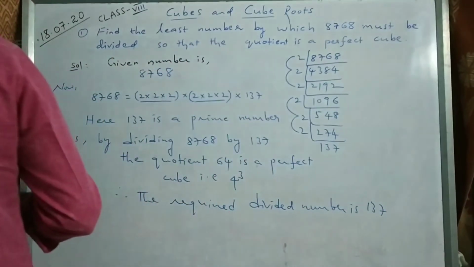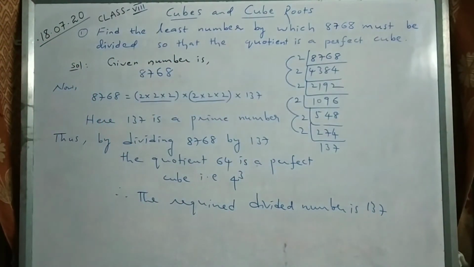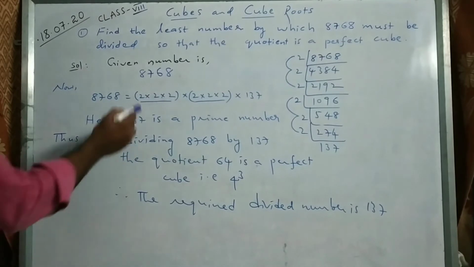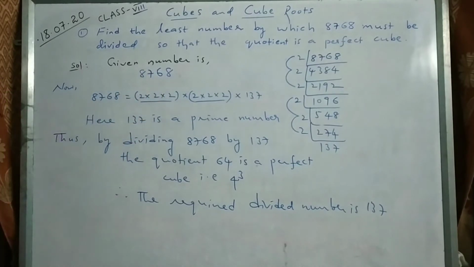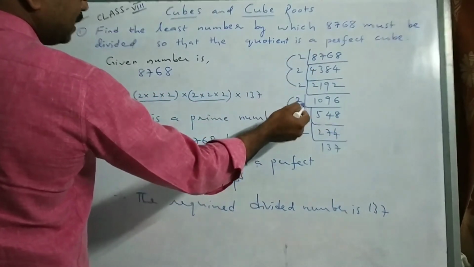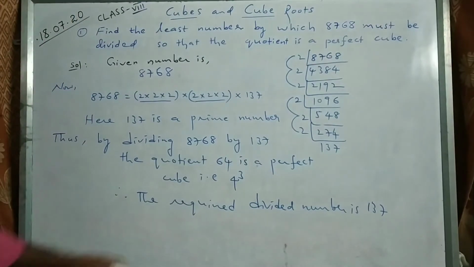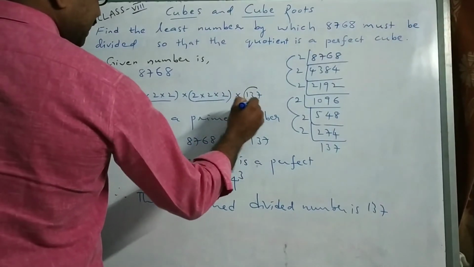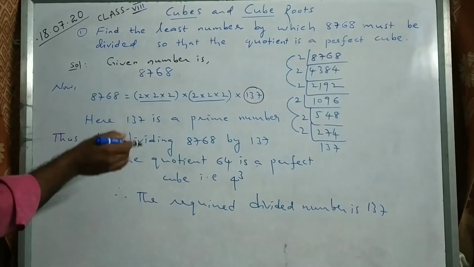Okay. Look at once again. What is the least number by which 8768 must be divided so that the quotient is a perfect cube? I divided into factors here, 1 2 3 triplet, 1 2 3 triplet. So what is the extra number we have? 137, right? It is already a prime number.